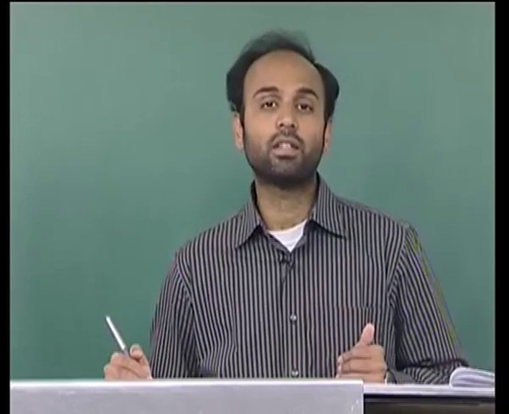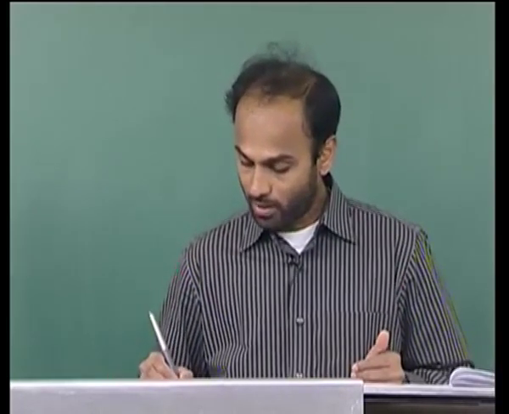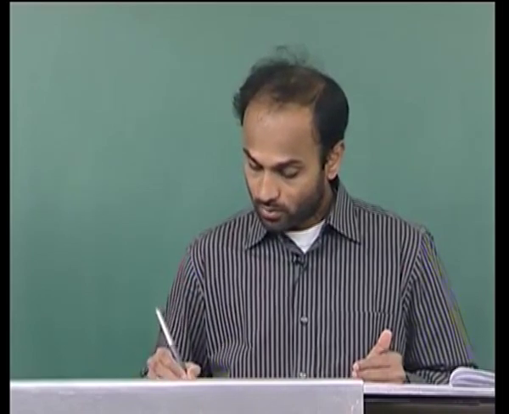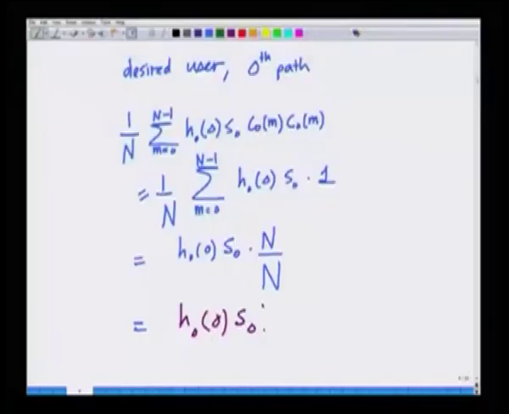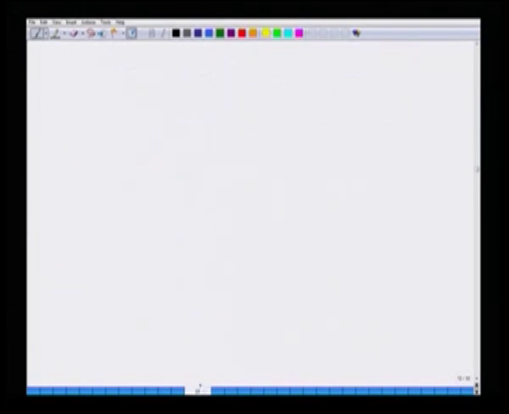So, now the system model we have, going back, the signal is still H0 S0 corresponding to extracting the 0th component. After you extract the 0th component, it looks like R 0 equals H 0 0 S 0 plus W 0. This is the noise plus interference component.